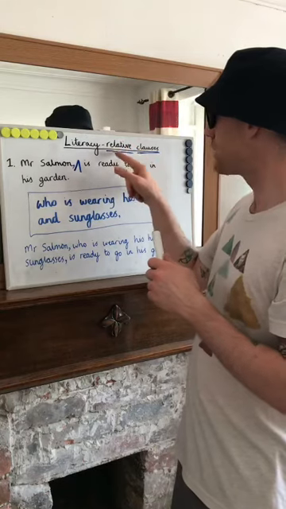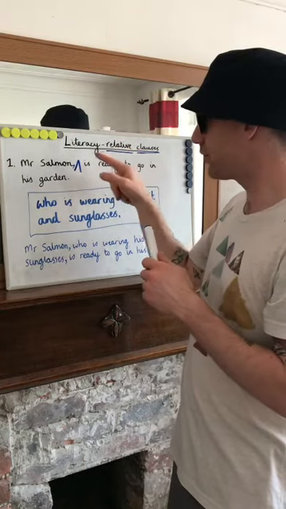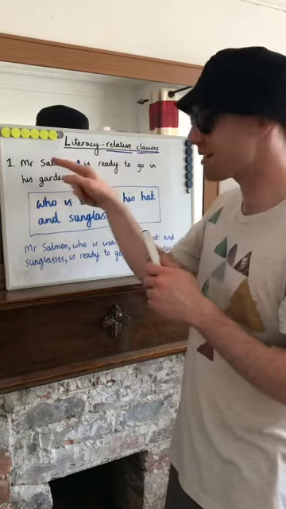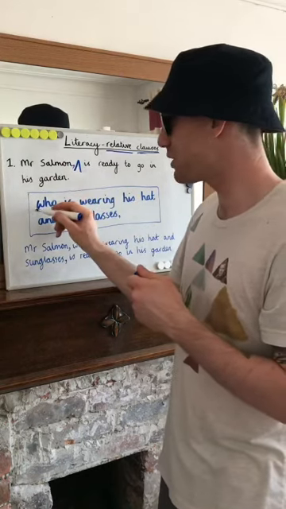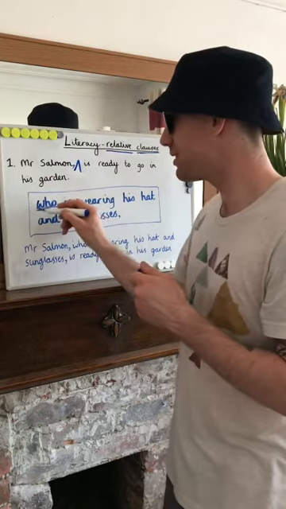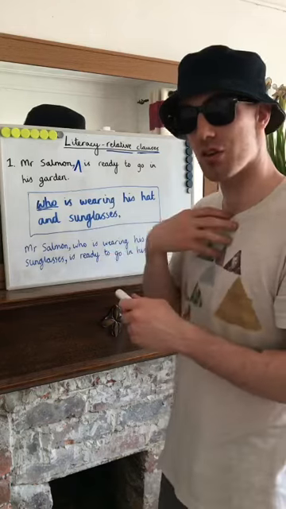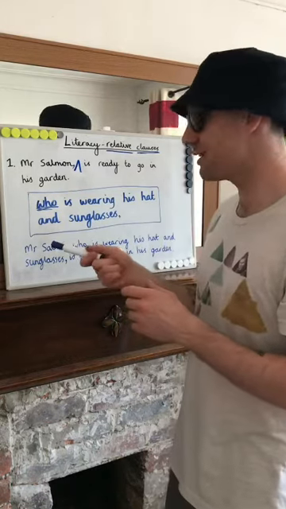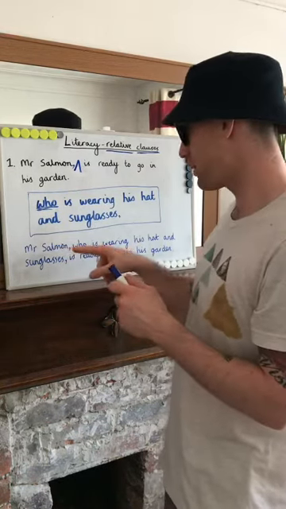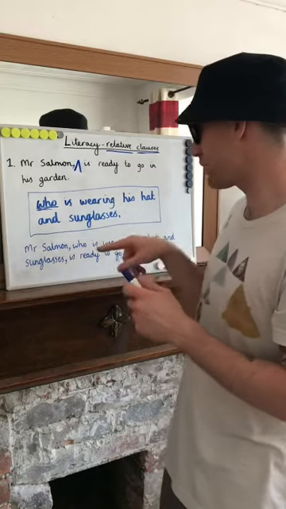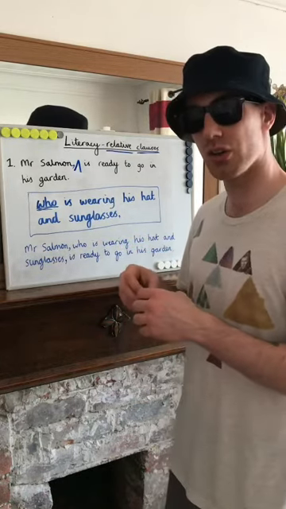Also, it's a relative clause. It is relative to me, to Mr. Salmon. And this word who tells us that it's relative to me. Okay? So the sentence as a whole, Mr. Salmon, who is wearing his hat and sunglasses, is ready to go in his garden.